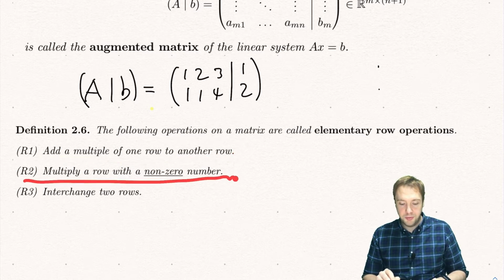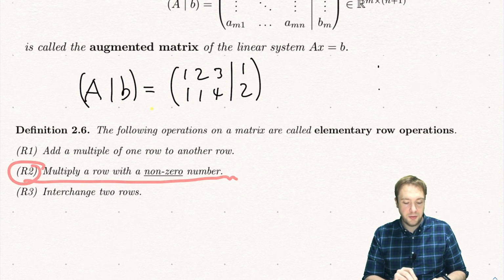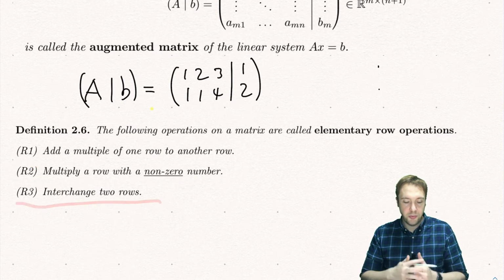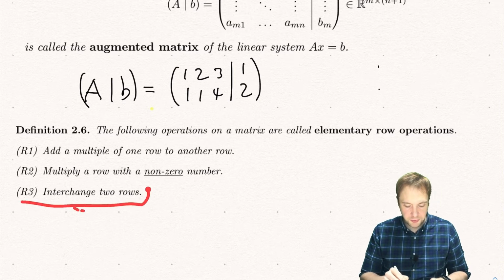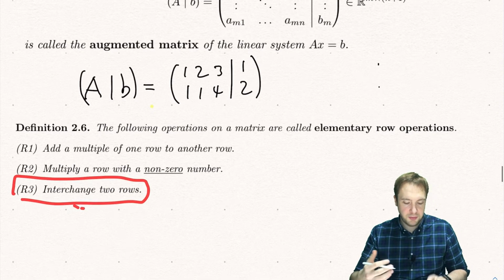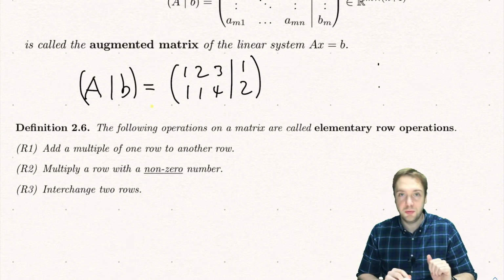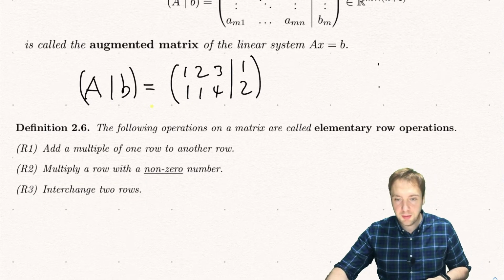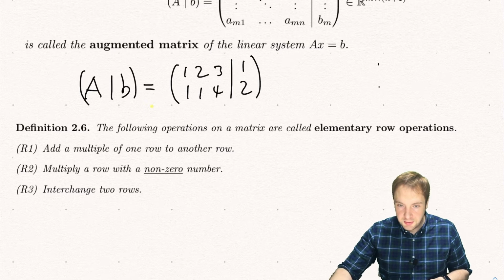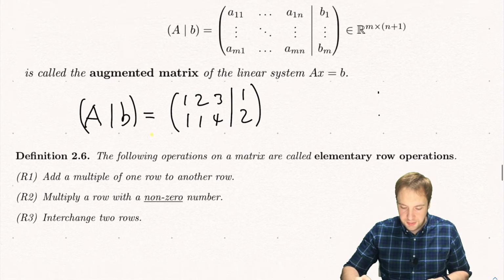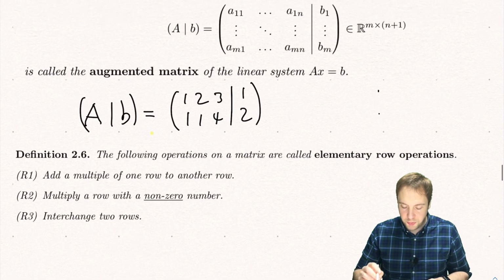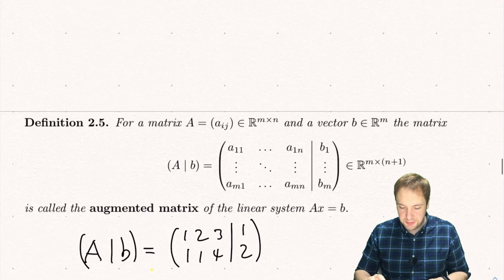Multiplying a row with a non-zero number is called R2, and interchanging two rows is called R3. And these are exactly the same as before, because R3, for example, before was changing the order of two equations. And after this, what we want to do is we start with a linear system.